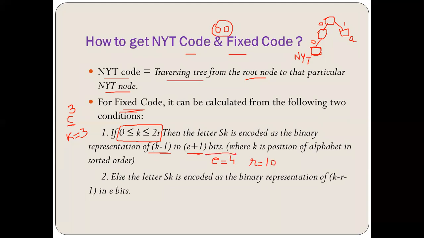For this calculation, you can go to my lecture number 11 and see that video, where we calculated E and R. Now, the second condition says if this condition is not true, then you encode the SK as the binary representation of K minus R minus 1 in E bits. These two conditions you must always remember and check for the encoding procedure.